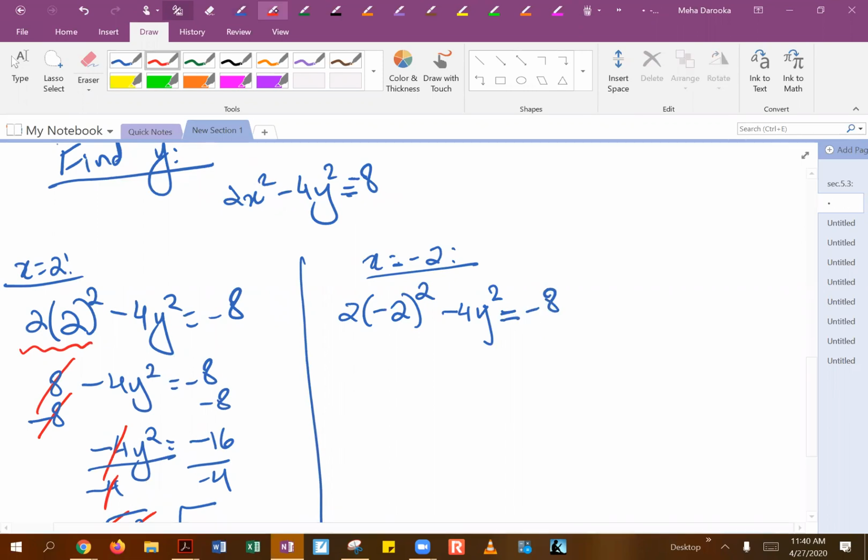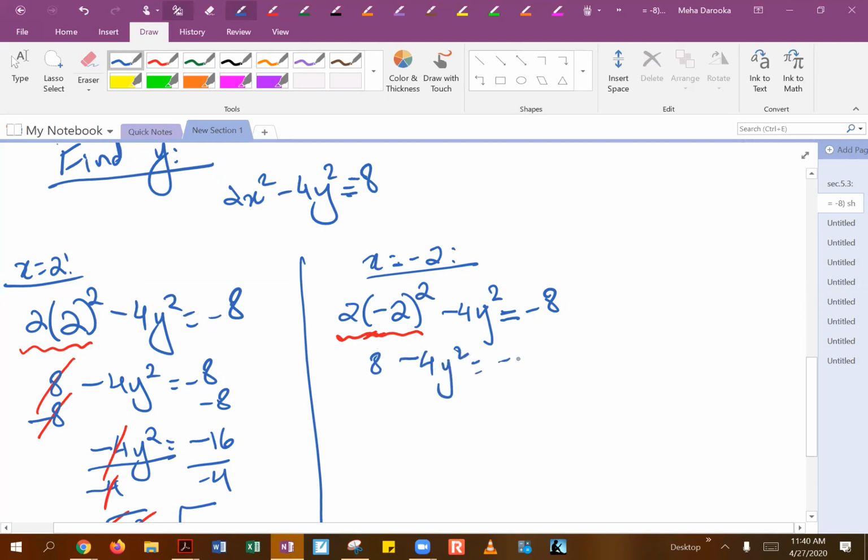All right, so again, can you tell me what this part here will come out to be? It would still be 8, yeah, because negative 2 squared, negative times negative will still end up becoming positive 4, and then positive 4 times 2 will still end up giving us 8.